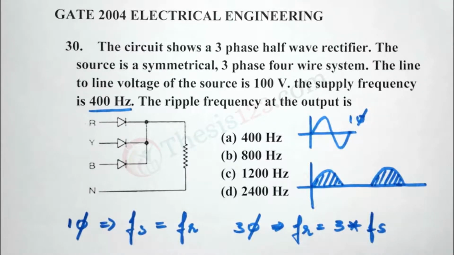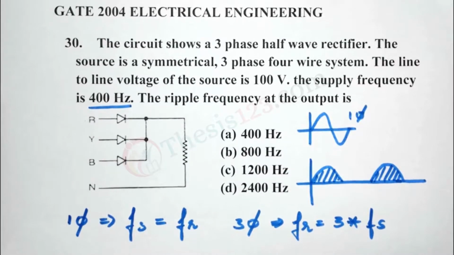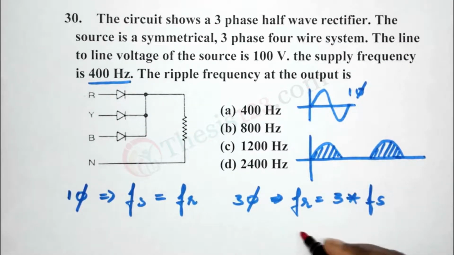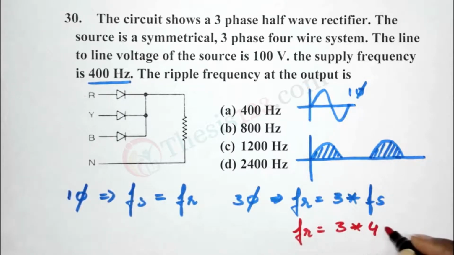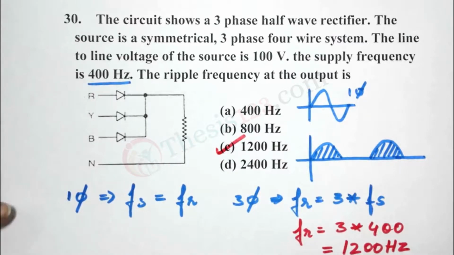So that tells us that if the supply frequency is 400 Hz, then the ripple frequency would be 3 times 400, which is 1200 Hz. So the answer over here is C, 1200.